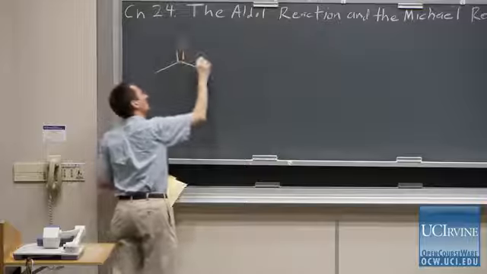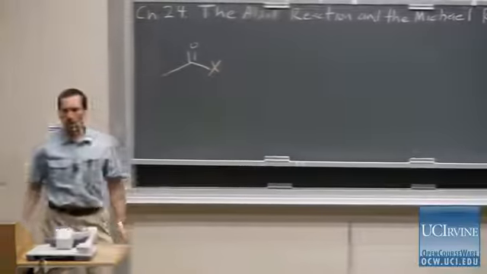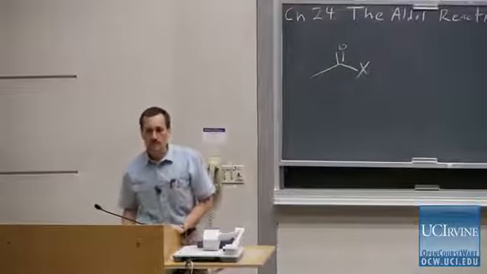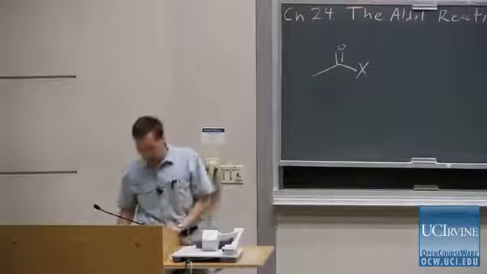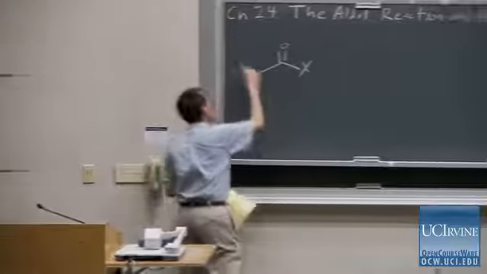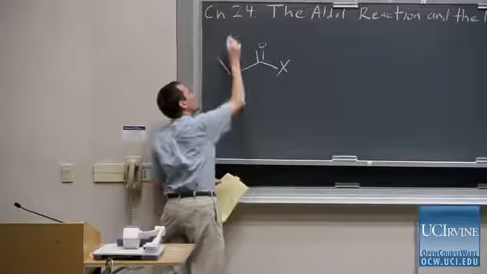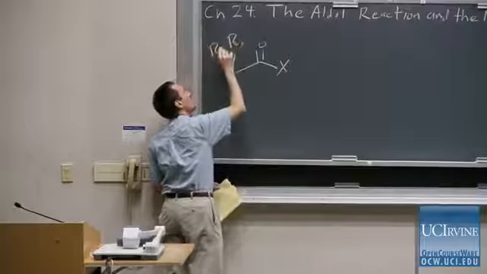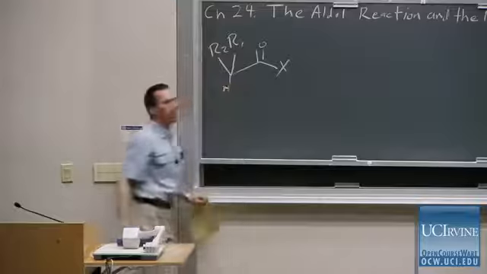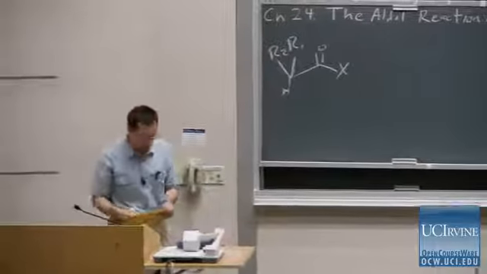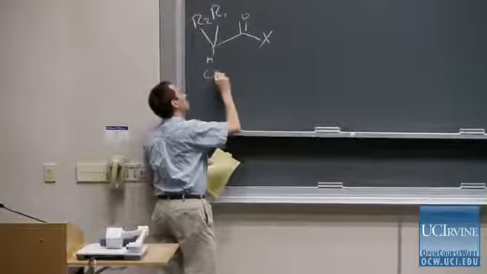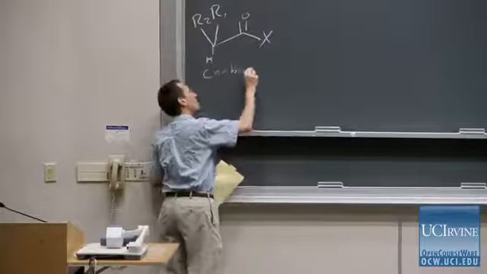All right. So in the aldol reaction, in general, what happens is an enolate reacts with another carbonyl compound. So you have a carbonyl compound, and I'm going to write this very, very generically. A carbonyl compound with an alpha hydrogen, and honestly, we're talking about just about any of them.